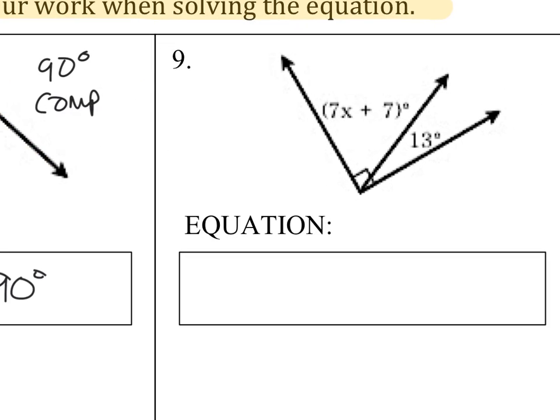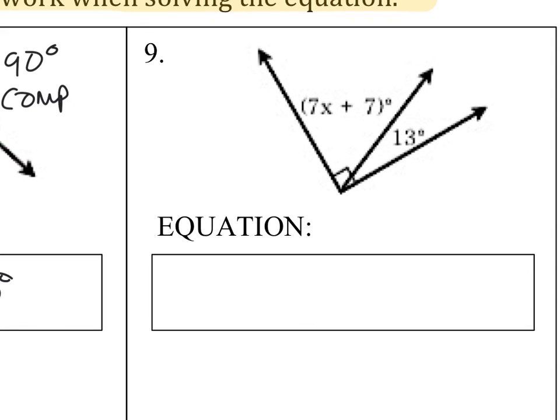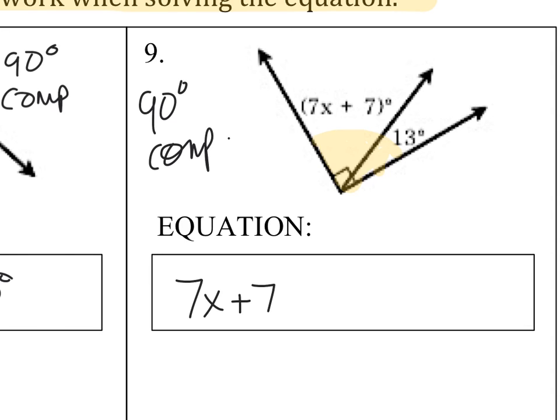Now this one: I see this angle plus this angle are going to add up to equal 90 degrees, and these are also complementary. So 7x plus 7 plus 13 is going to equal 90 degrees.